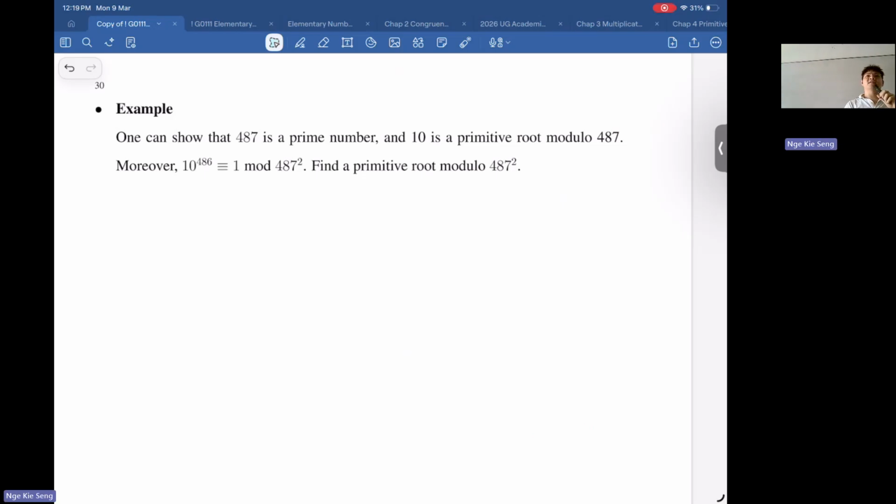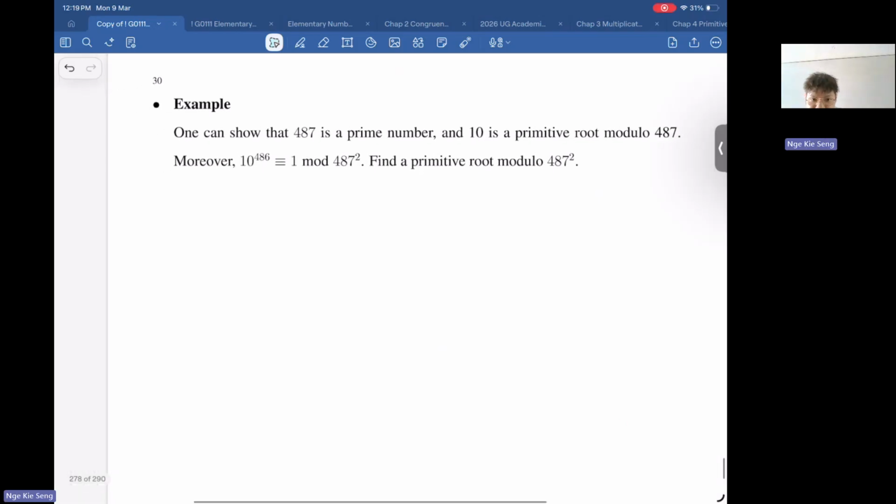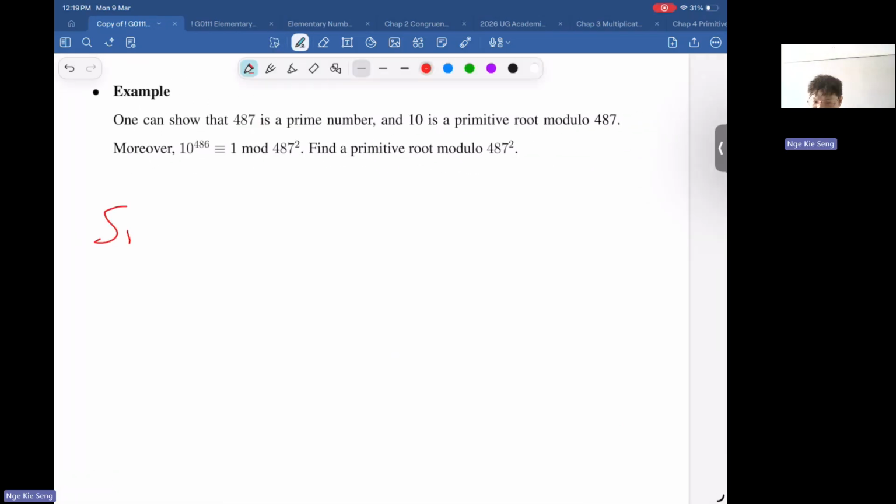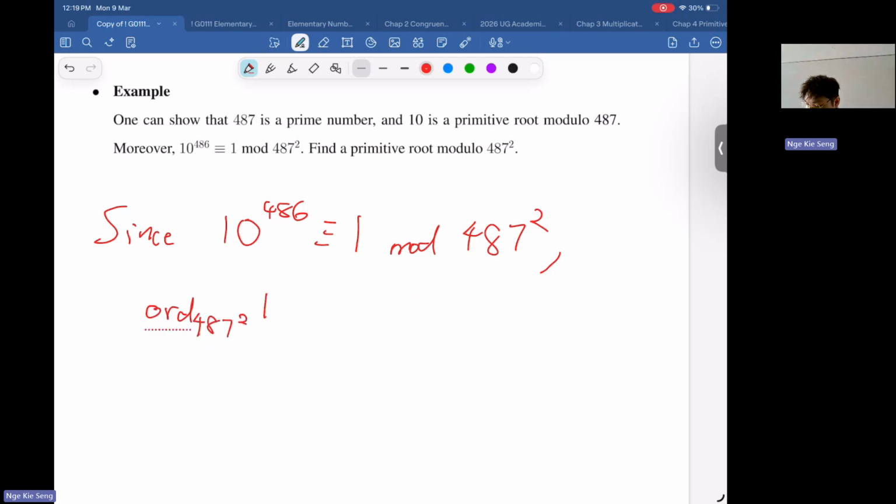So what does this say? Since 10 to the 486 is congruent to 1 mod 487 squared, the order of 10 mod 487 squared is less than or equal to 486, because the order will divide 486.